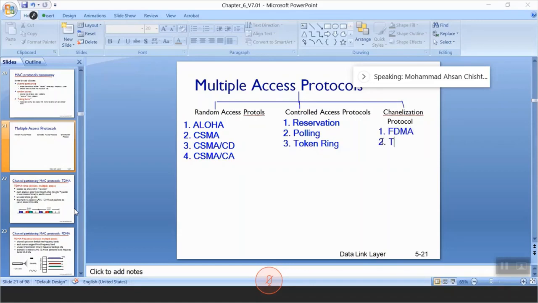The second is TDMA. And number three is CDMA. Okay. So this is the categorization that we see of multiple access protocols. The broader ones are random access, controlled access, and channelization. And each one has its own set.